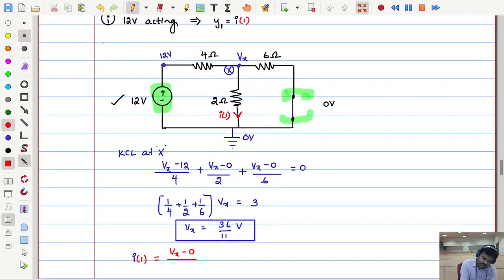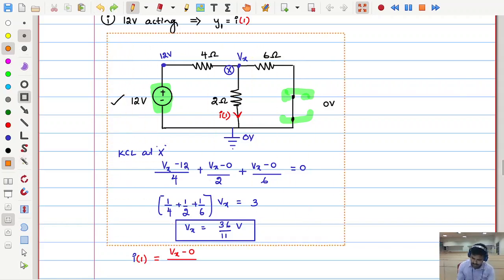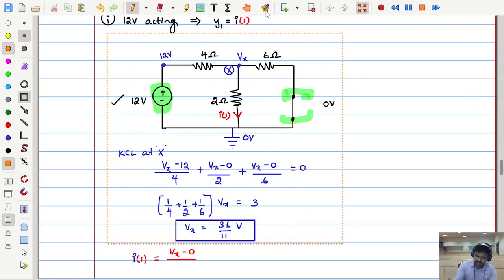Let me highlight it with a different color in this way. This section corresponds to the nodal analysis part, meaning we are using nodal analysis. You can use any other method to calculate the current, no issue.